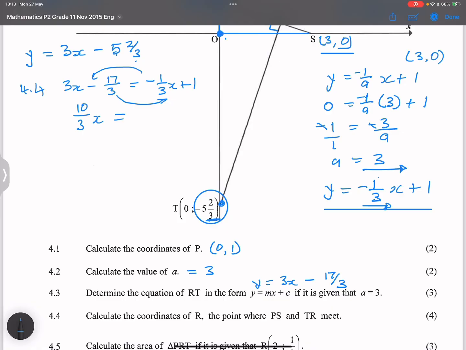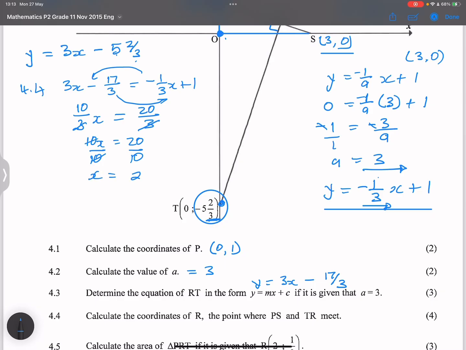This will give us 20/3. Now we can take down the denominator since they are the same. So 10x is equal to 20. If I divide by 10 on either side, x would be equal to 2.